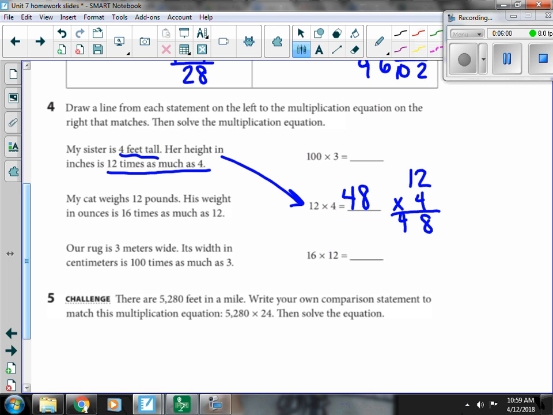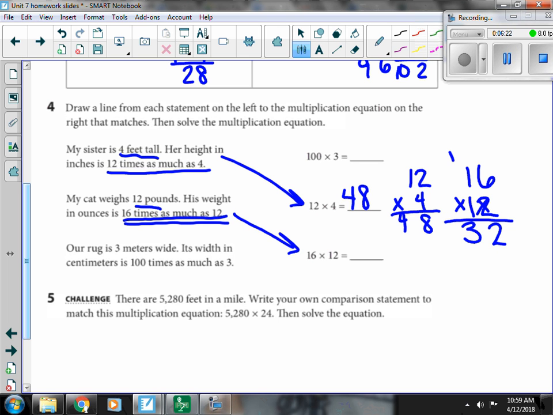Number 2, my cat weighs 12 pounds. His weight in ounces is 16 times as much as 12. That goes there. And I need to do 16 times 12. 2 times 6 is 12. 2 times 1 is 2, plus the 1 is 3. 1 times 6 is 6. 1 times 1 is 1.